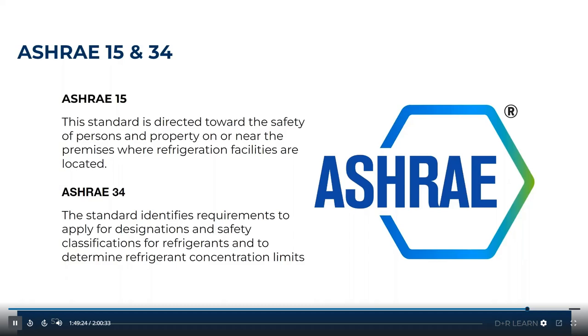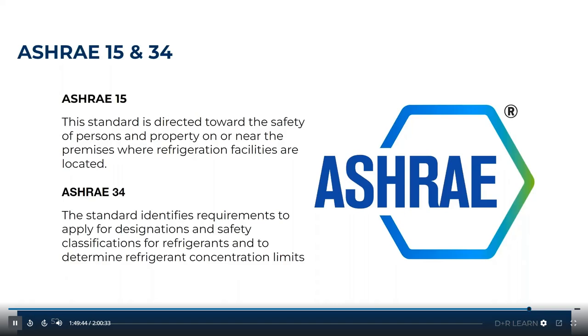But ASHRAE 15 and 34, when you see one, you're going to see the other. You're always going to want them nearby each other, because ASHRAE standard 34 is a system used for assigning reference numbers, safety classifications, and refrigerant concentration limits to these different refrigerants.